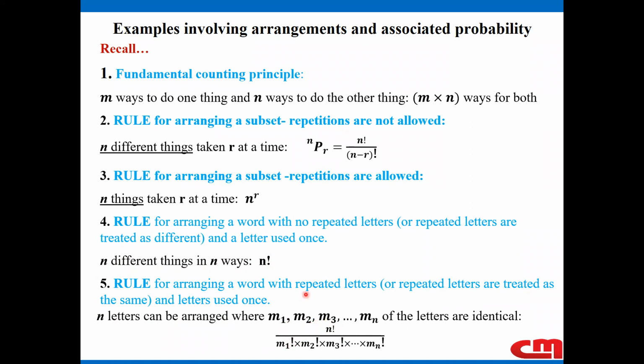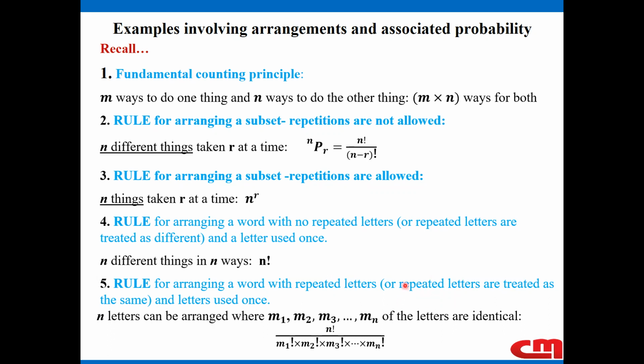After we have done that, then we start to consider the repeating letters. For example, in the word repeated, I have 3 E's. That is, E is repeating 3 times. So my m1 will be equal to 3. Then if I were to arrange the 3 letters, I'm going to consider that they are different because they are going to occupy 3 different slots or places.